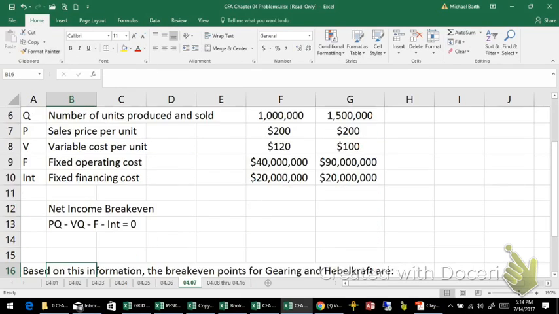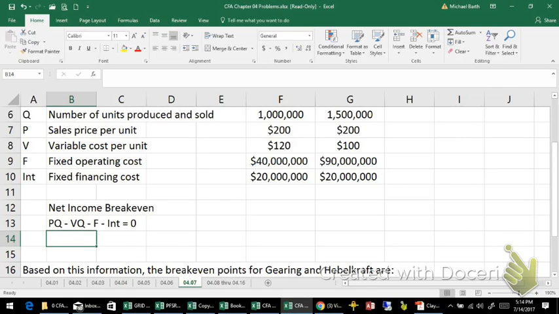So I can rearrange terms here to solve for Q. The Q times (P minus V) minus F minus interest equals 0.